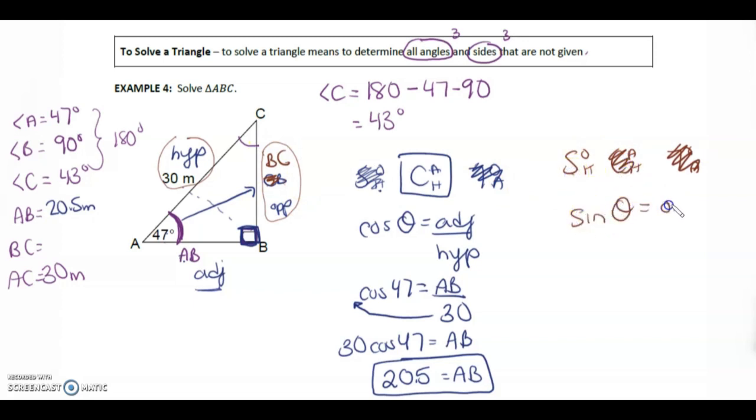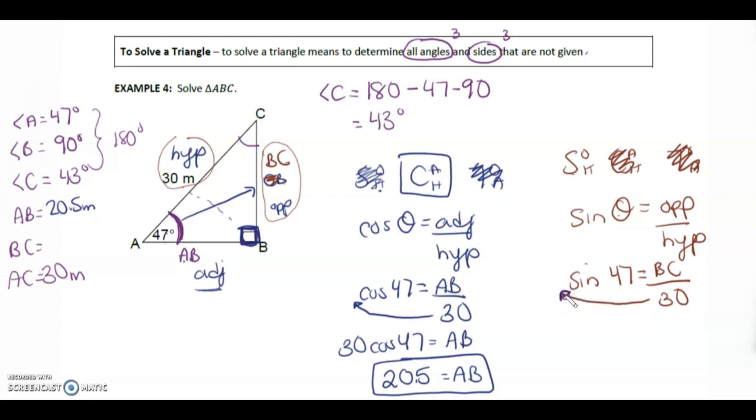So sine theta equals opposite over hypotenuse. So writing sine, our theta is 47. Our opposite is BC, and our hypotenuse is 30. And now we do the same thing as we just did.